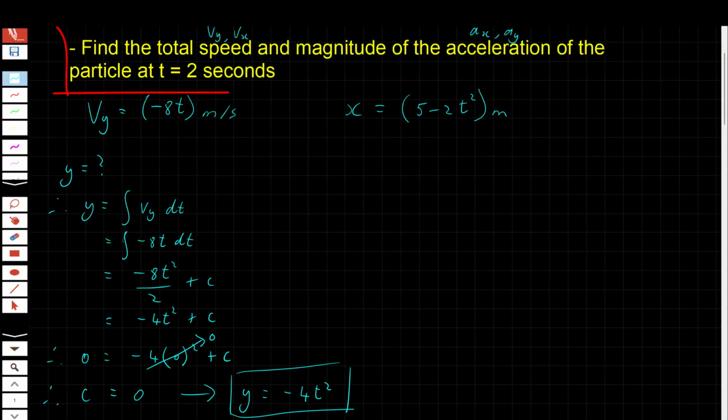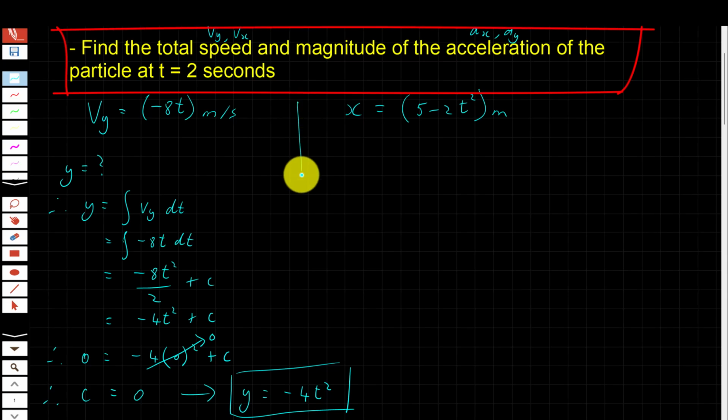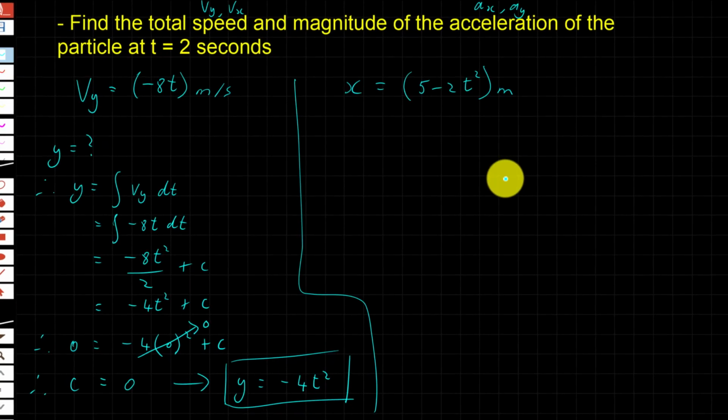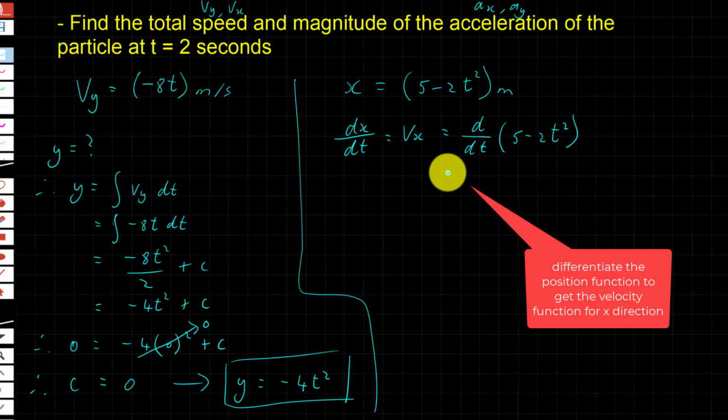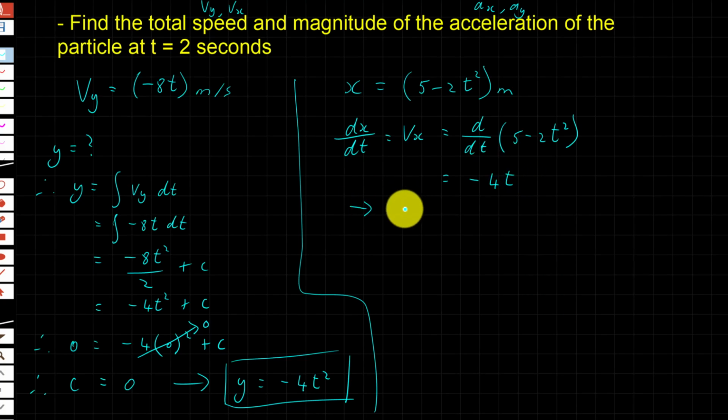Now we need to work on the second part of the question, finding the total speed and magnitude of acceleration. So we have the x position function there. To differentiate that, we get the velocity in the x direction. So d/dt of 5 take away 2t squared. The 5 will go to 0, and the -2t squared will go to -4t.